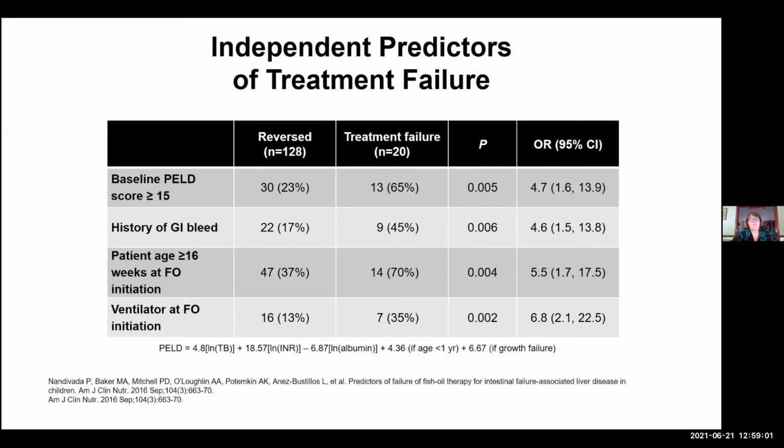We saw that patients who had PELD scores greater than 15 at the time of enrollment, a history of a GI bleed, the patients who had IFALD for more than 16 weeks before they started receiving fish oil monotherapy, or being on a ventilator. All these seem to predispose a higher rate of treatment failure. But that being said, there were patients that did get better despite having these predictive factors.